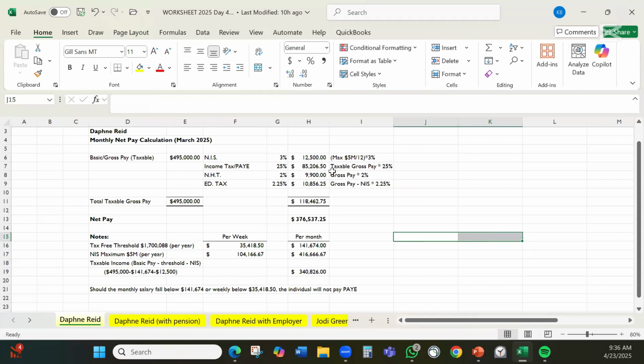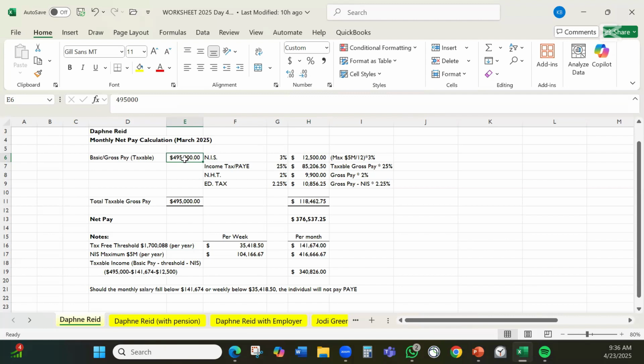All right, so here, the 5 million divided by the 12 at 3% would be 12,500 for this person because he's over the 416,666. If he was below, it would be just 3% of it. But as long as he's above it, then it's 3% of the 1/12 of the 5 million.